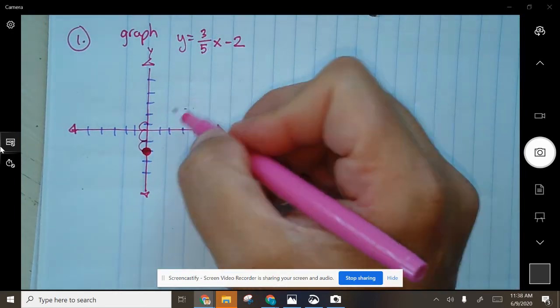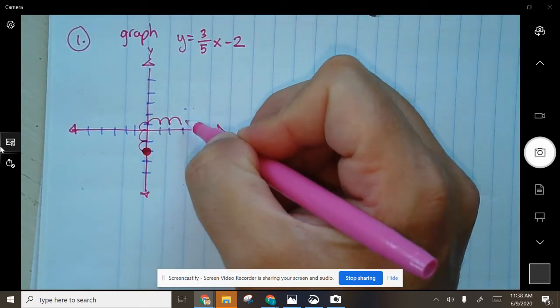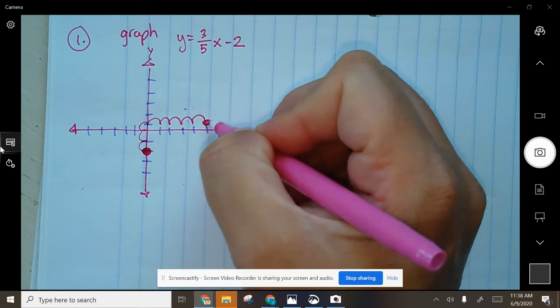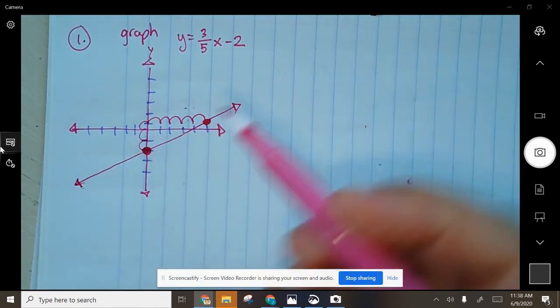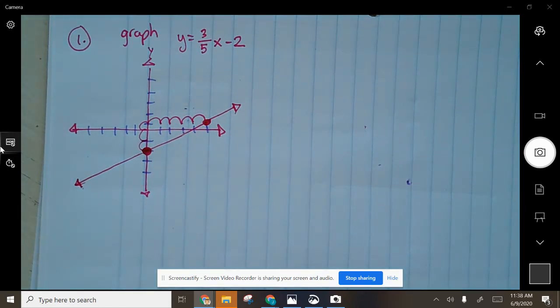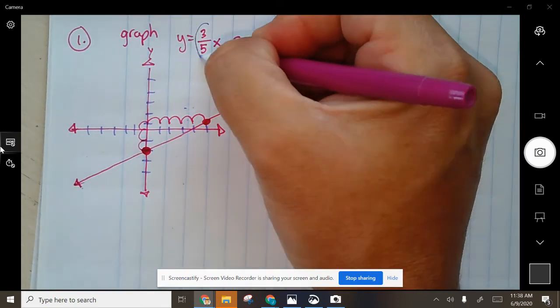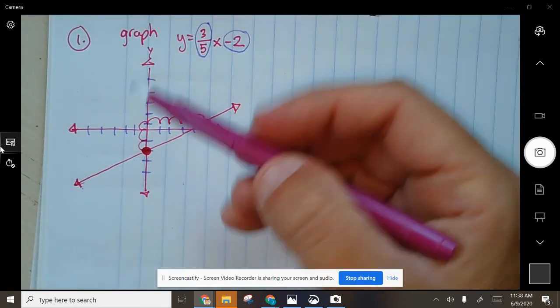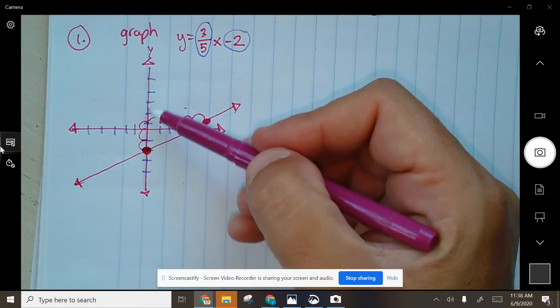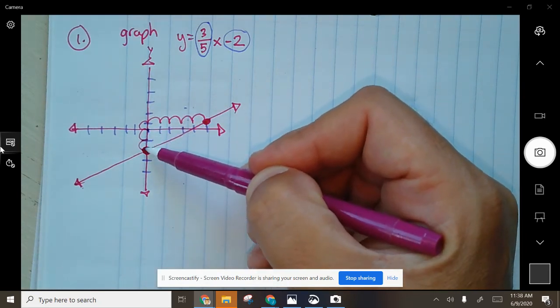And I'm going to run 5, 1, 2, 3, 4, 5. Again, another positive slope. They're not always going to be positive slopes, but this one is. It's a positive slope, right? This is our slope. But what's the y-intercept? The y-intercept's negative. Notice that we're going underneath. This is 0. We're going -1, -2.